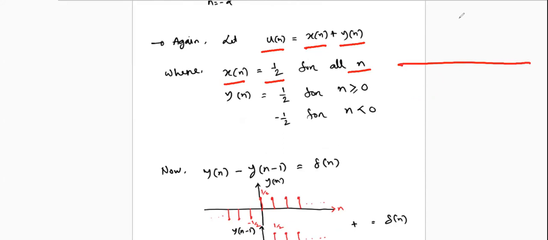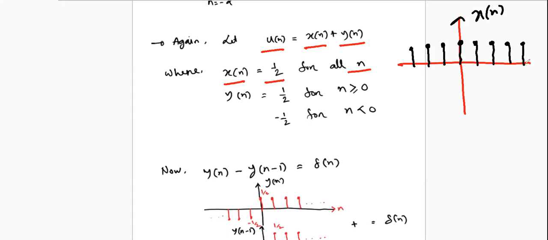If I try to plot xn, it is half on this side as well as half on the other side, and the value is half.